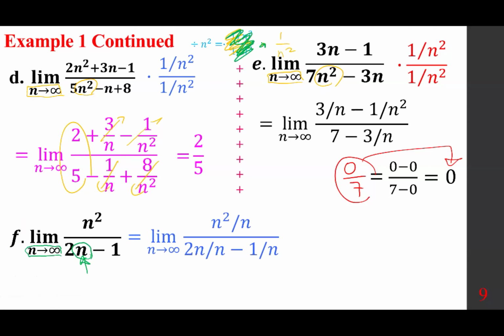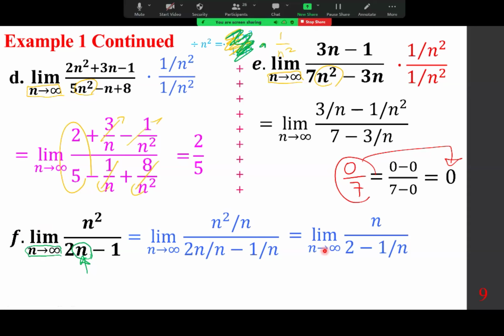Each one is done one by one, and we get the following. The limit as n approaches infinity of n over 2 minus 1 over n. So plug in, you get infinity over 2 minus 0. And infinity over 2 is also infinity.